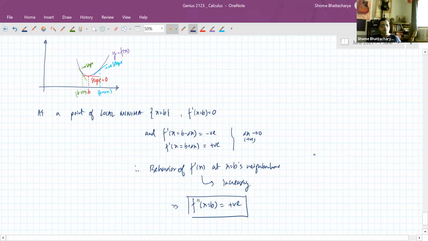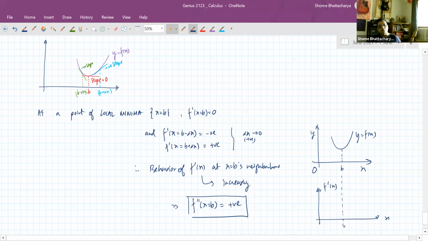Again, if this is a function's graph, then when I plot the derivative of the function, the derivative should have this kind of nature, going from negative to positive.